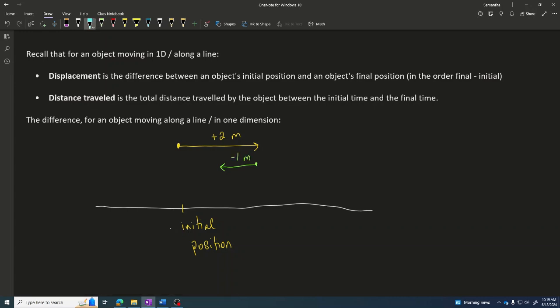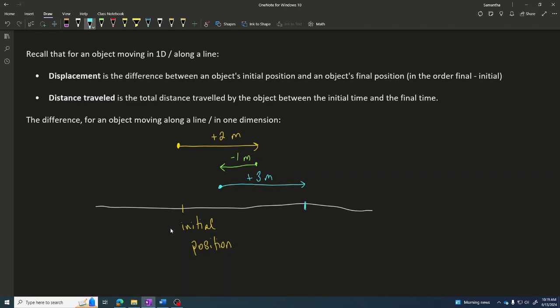Then this individual turns around again. Maybe they went back to pick up the keys that they dropped on the sidewalk, and they keep walking forward again. And they walked forward now, let's say 3 meters. And so in the end, they wound up in a position that is +2, then backtracked 1, and then +3.